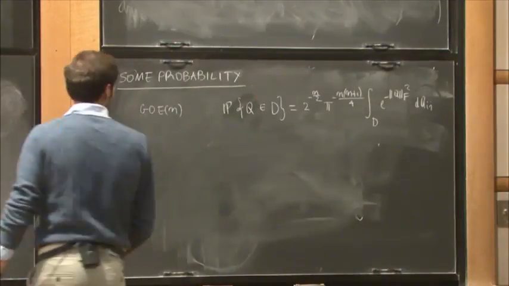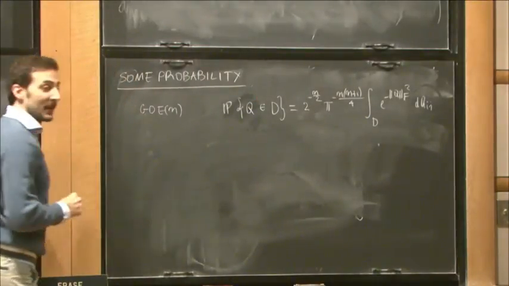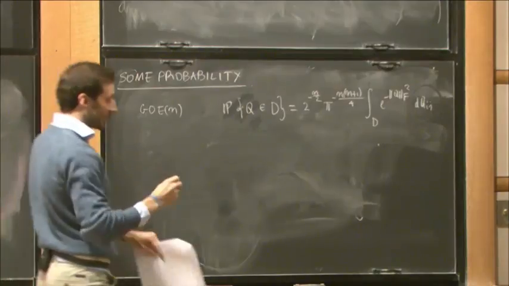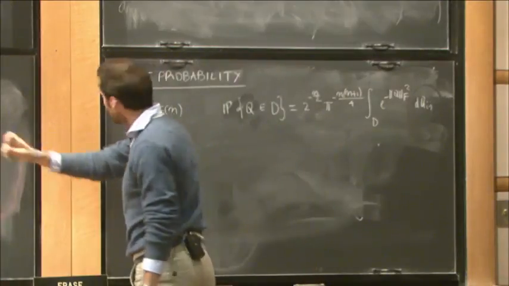OK, this is classical. And what actually I need is the joint density for the eigenvalues, which is the main ingredient for the computation of this volume.